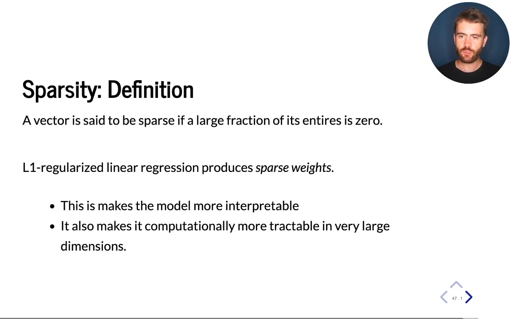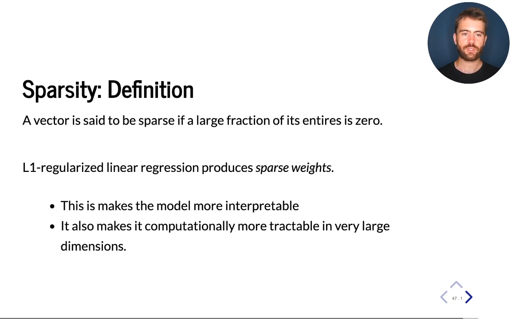Now, in the future, when new patients come into the hospital and we're using this model, we only need to collect those 10 measurements, and so that also reduces the cost of deploying the model, both in terms of collecting measurements and in terms of implementing it from a computational perspective.